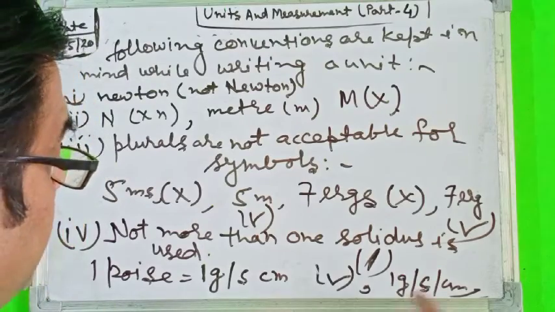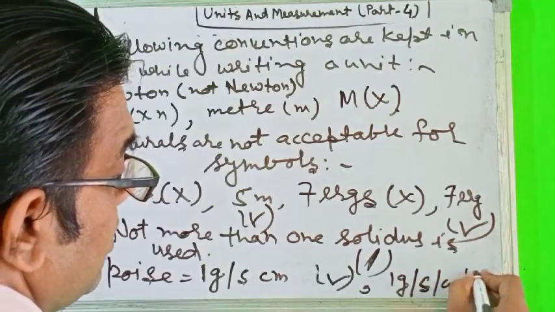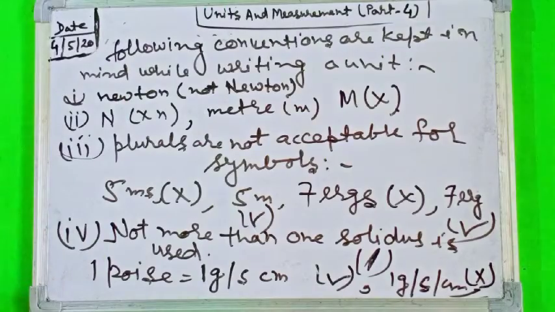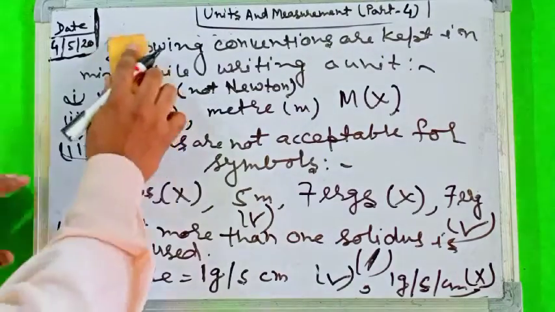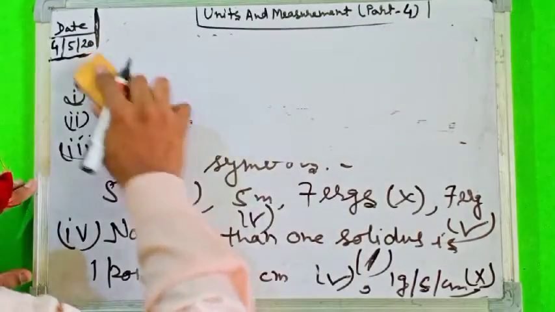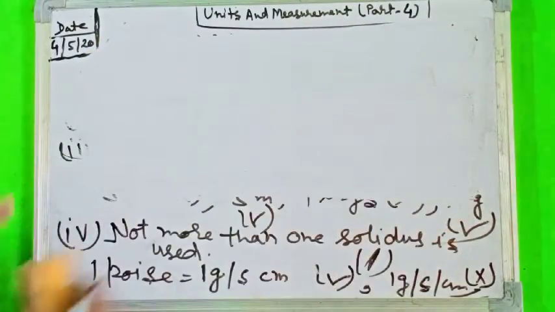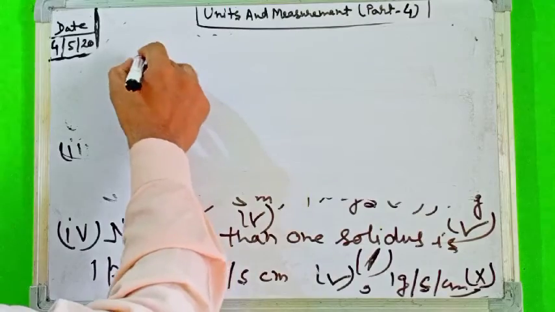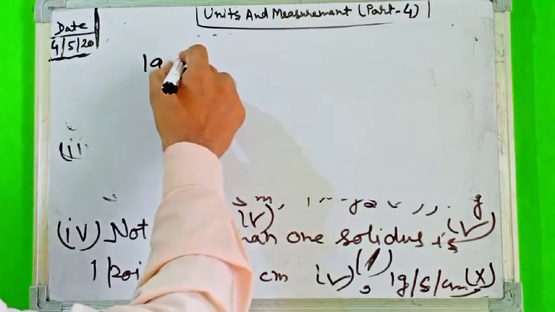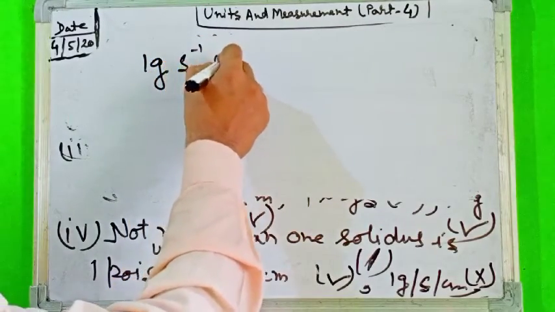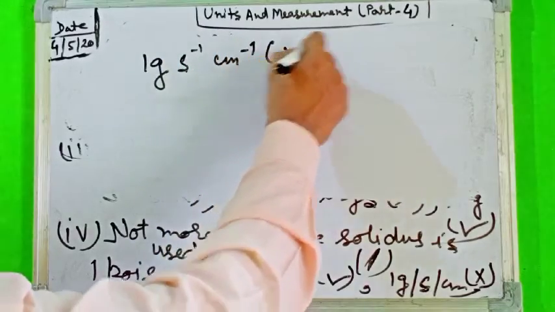This is the wrong way to write. If you want to write it, you can write it as 1 gram second inverse centimeter inverse. This is the right way.